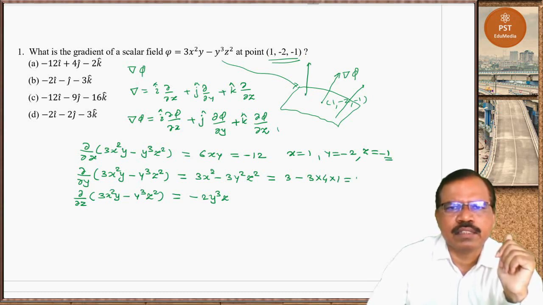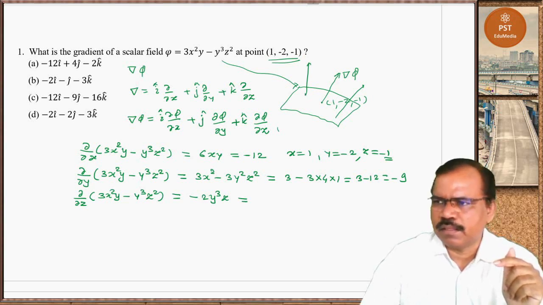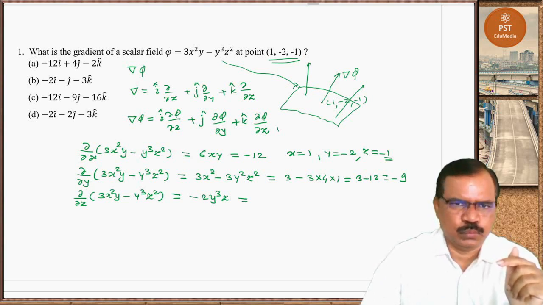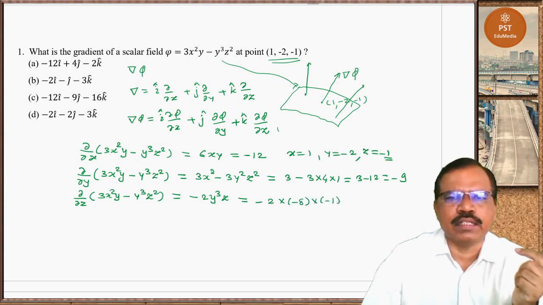So you will get 3 minus 12, that is minus 9. Now minus 2y cube: y cube is minus 8, and z is minus 1. So minus 2 into minus 8 into minus 1, we will get minus 16.